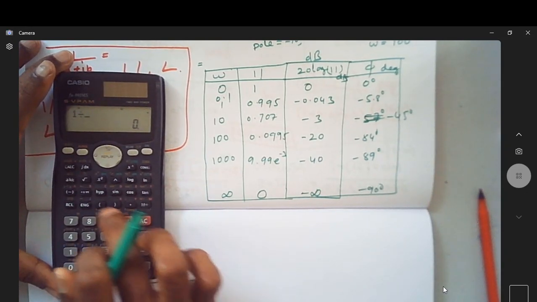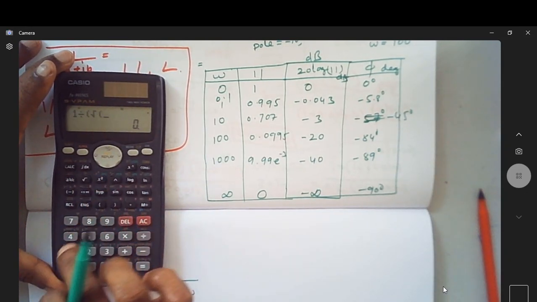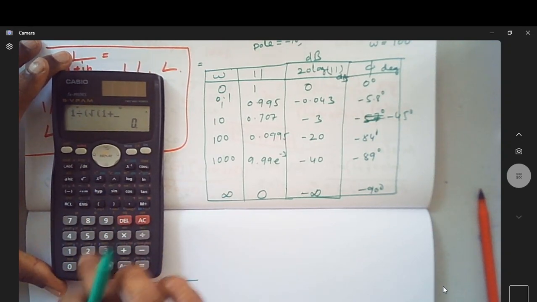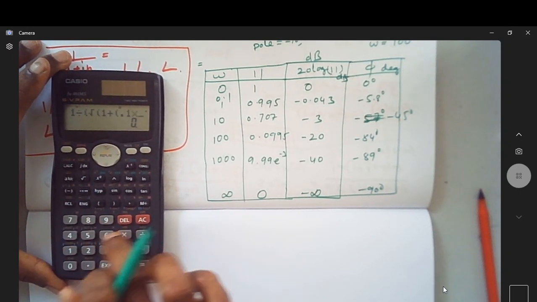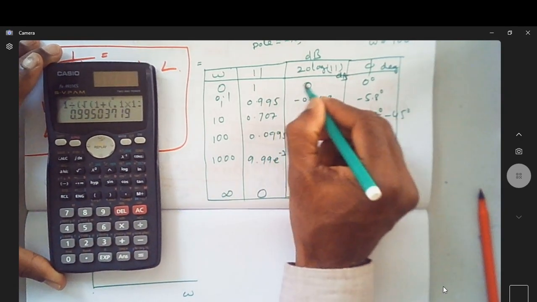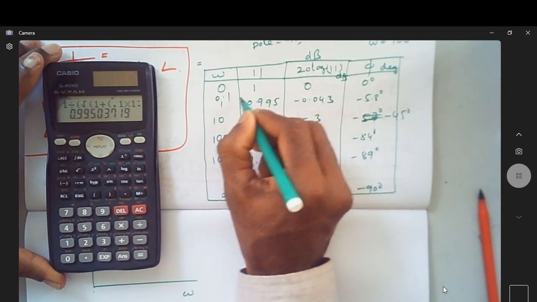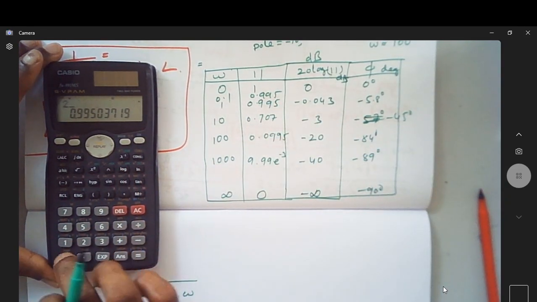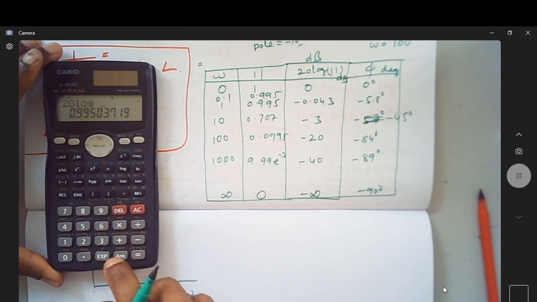Suppose it is 0.1, can you see what that is? So 1 divided by square root of 1 plus 0.1 into 1 whole square, close the parenthesis. Can you see it is 0.995? What is 20 log of this answer?